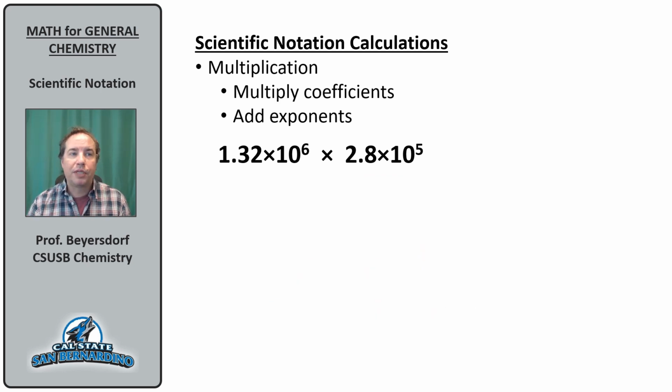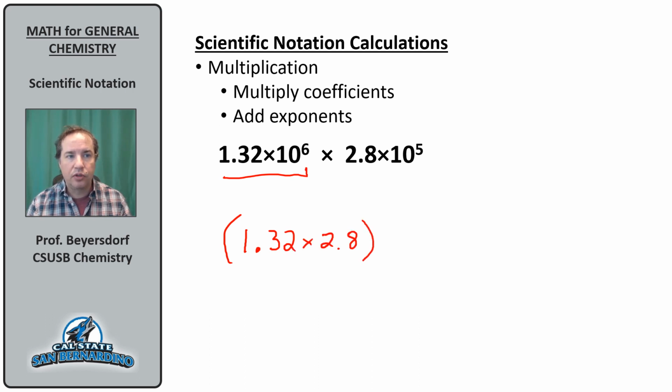Now for multiplication and division, it's a little bit different. First, for multiplication, when we have two numbers in scientific notation, we multiply them. Notice we have 1.32 times 10 to the 6th times 2.8 times 10 to the 5th. I just take the coefficients, the numbers in front, and multiply those, and then my exponent is the sum of the two exponents.